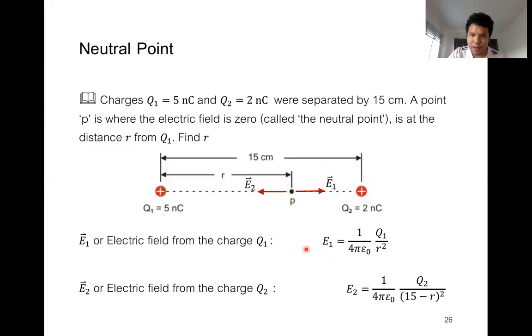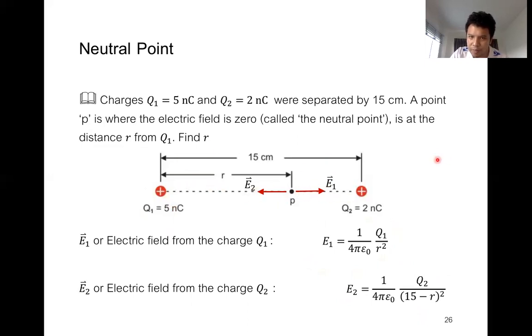So we start with finding E1, or electric field from Q1, and then we find electric field from Q2. We have 15 minus r as this distance.